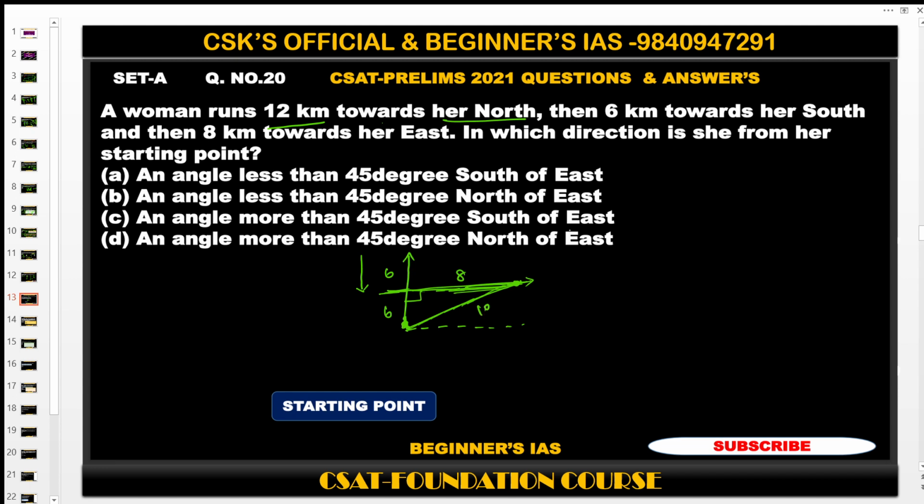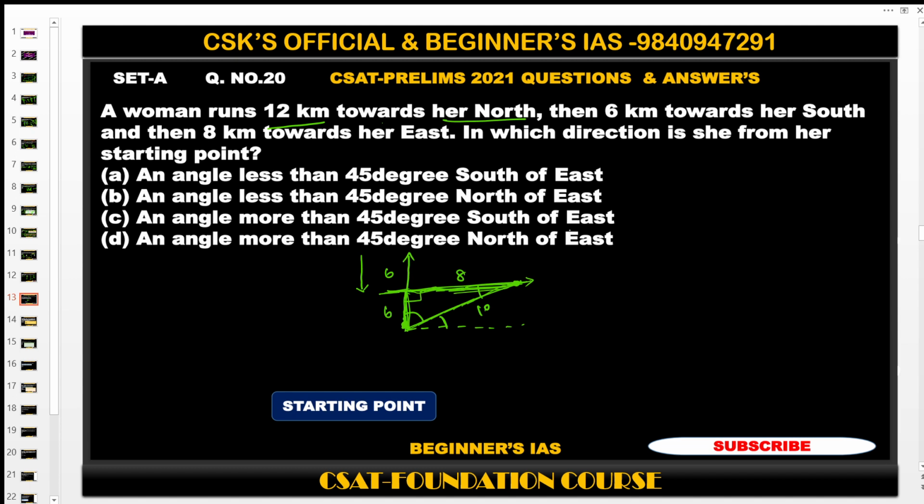Now listen carefully. Here is one angle, here is one angle. The larger side. So this is not an isosceles triangle. Isosceles triangle means the angles are 45 and 45. But this is not an isosceles triangle, as here the length is 8 and here the length is 6.